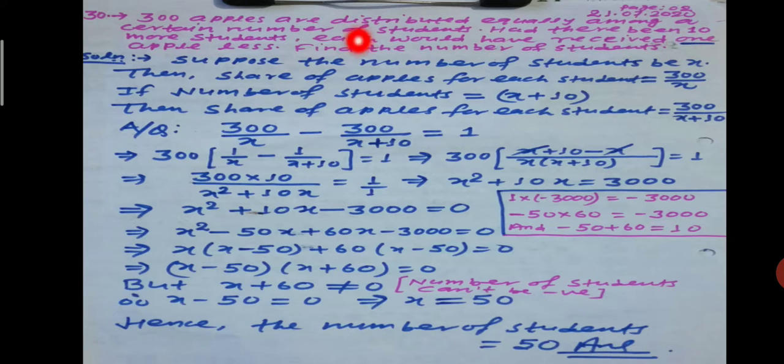Had there been 10 more students, अगर 10 स्टूडेंट ज़्यादा होते, each would have received one apple less, तो प्रत्येक स्टूडेंट्स को एक एप्पल कम मिलता. Find the number of students.